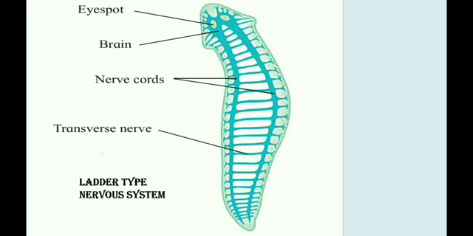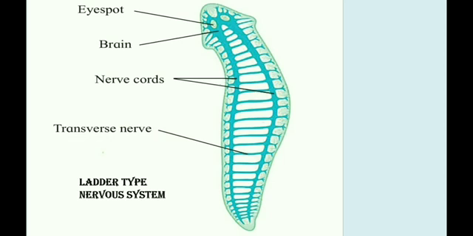From each ganglion, 9 branches arise towards the outer sides. Ventrally, from below the ganglion, you can see these nerve cords. These are called ventral nerve cords.